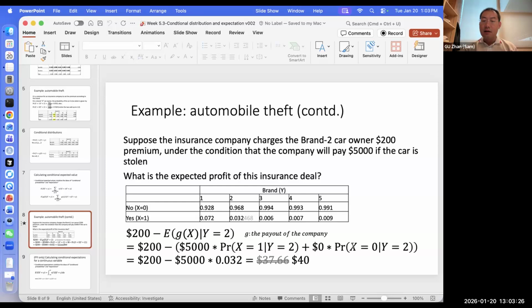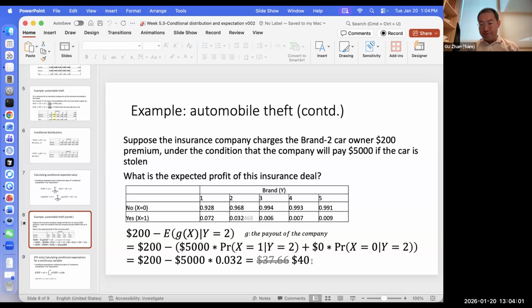Then plus, if the car is not stolen, how much do I need to pay to the customer? This is theft insurance, so no money is paid to the customer: 0 times the probability. So $200 is what I collect from the customer, minus the cost, and the chance that the car is really stolen and I need to compensate is about 40.